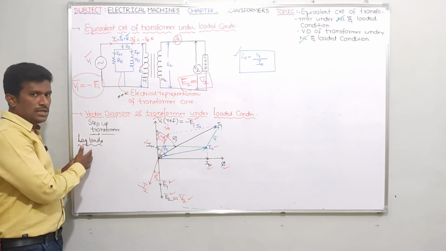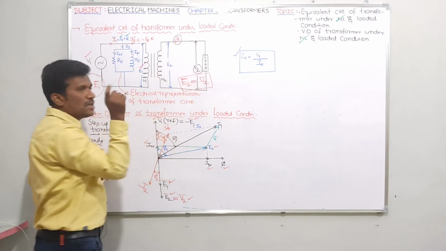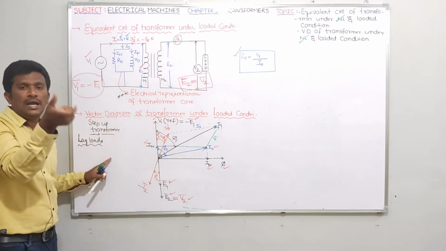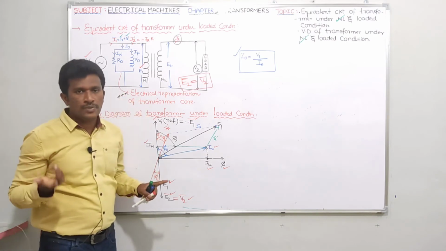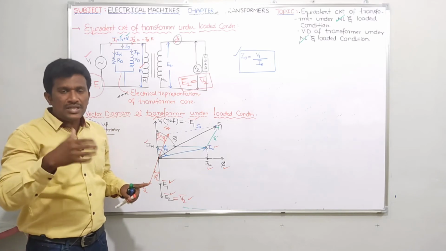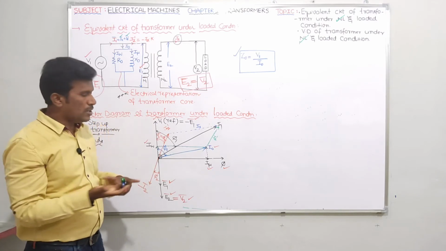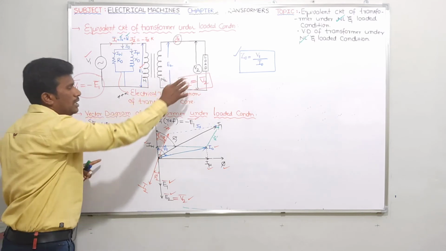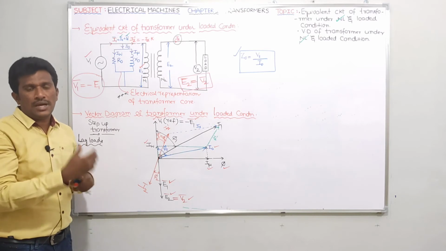Let me take lag loads here. Lag load means the load current lags the load voltage by some angle. If it is a pure inductive load, I2 lags V2 by 90 degrees. If it is an RL load, I2 lags V2 by an angle of pi 2. Here I am assuming it is not a pure lag load, but a combination of resistor plus inductor, an RL load.